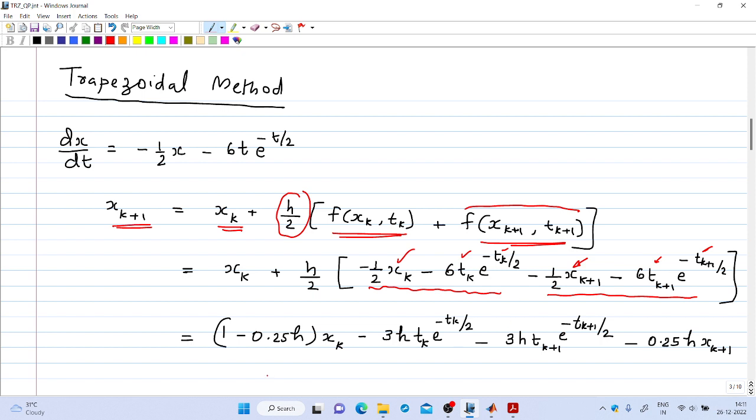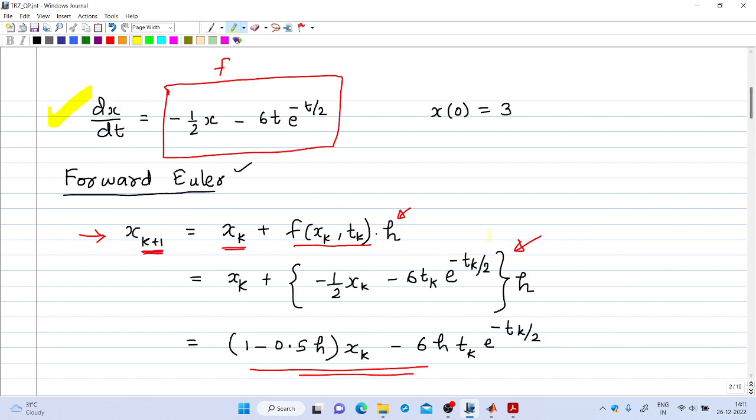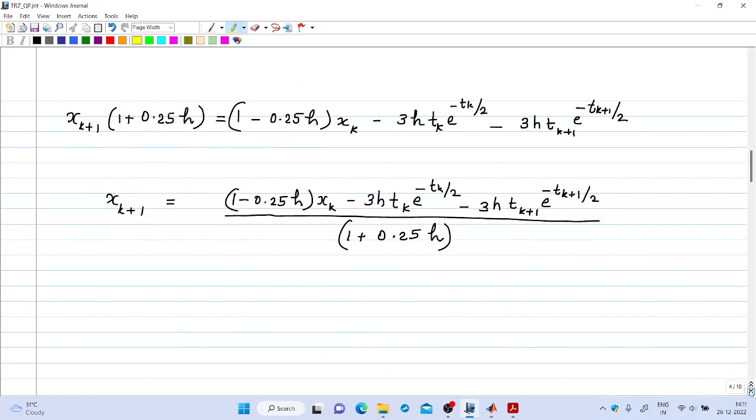And now by simplification, we will get this expression. This is the expression for xk plus 1. So here one important observation is both on the left hand side as well as on the right hand side, we have xk plus 1. So we have to group the terms of xk plus 1 and write an expression for xk plus 1.